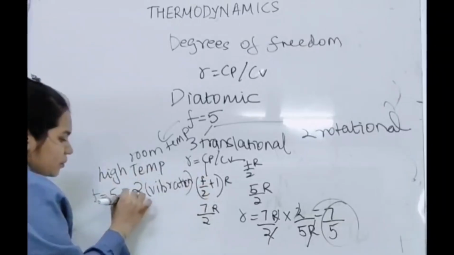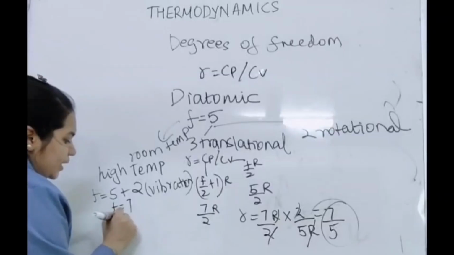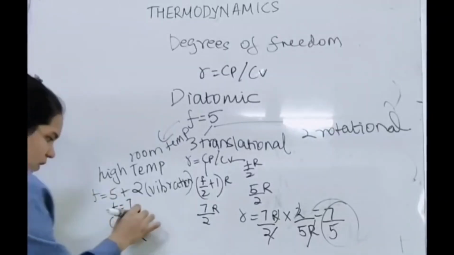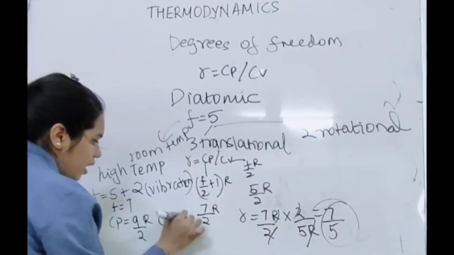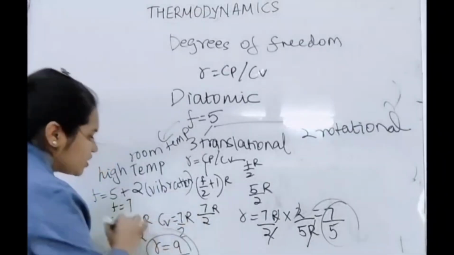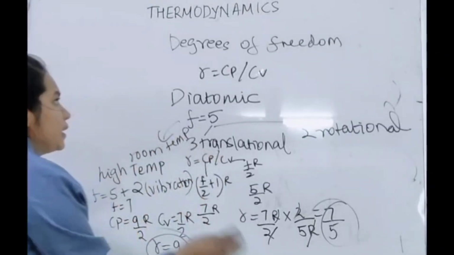F equals 7. This is for high temperature. Cp equals 9 by 2 R, Cv equals 7 by 2 R, gamma equals 9 by 7. This is for high temperature, and the earlier one is for room temperature.